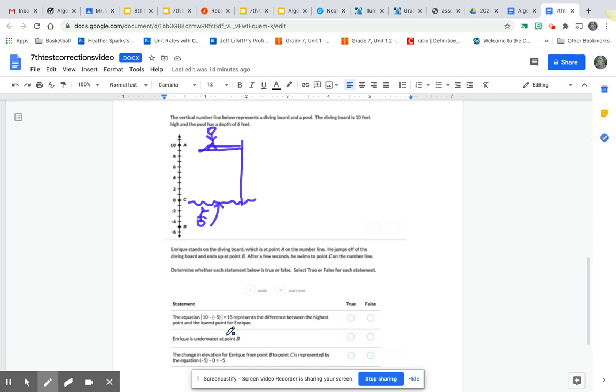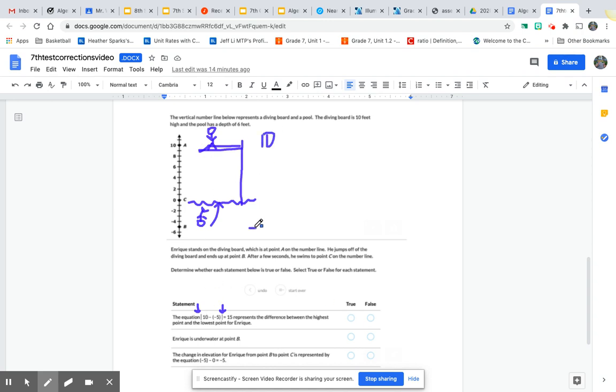The equation |10 minus -5|, and remember these signs that are outside mean the absolute value of that, making everything positive, represents the difference between the highest point and the lowest point of Enrique. Yeah, I would say that's true. You're looking at the highest point, he's at 10.